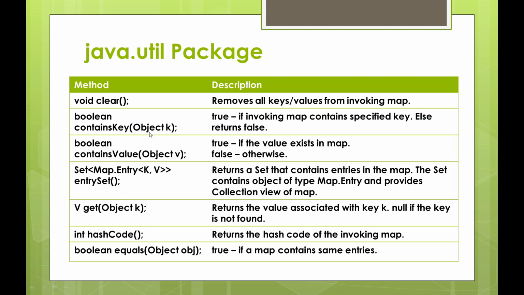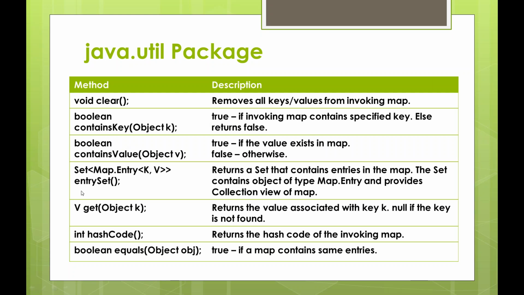We pass the key as an argument, and if the invoking map contains the key, it returns true, otherwise false. Similarly, we have containsValue, which checks whether we have a particular value.